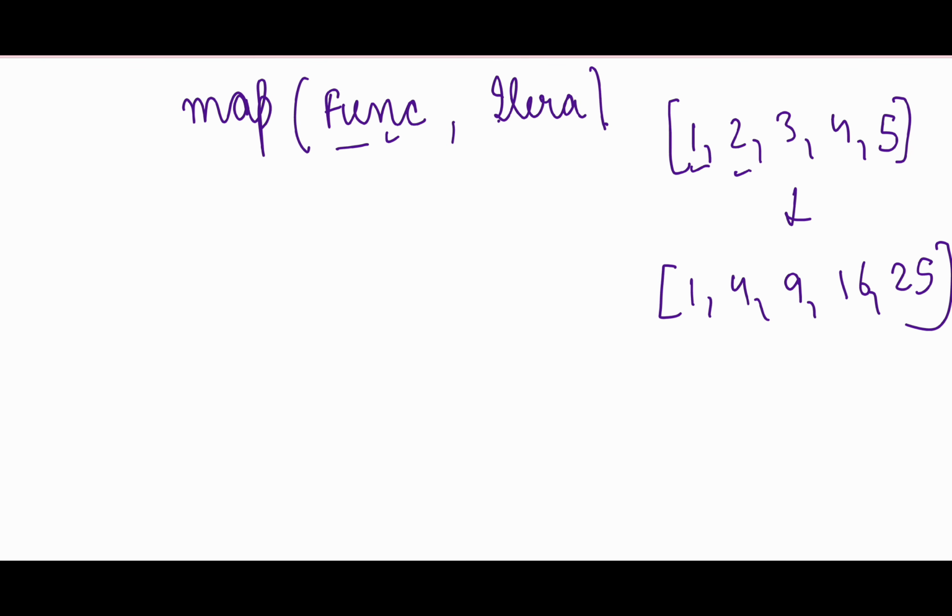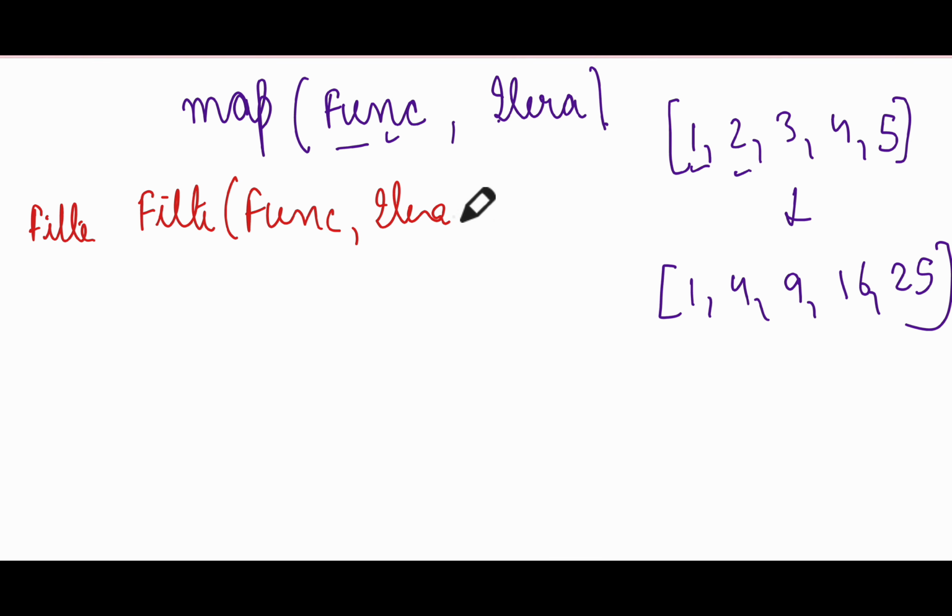Filter is just a little bit different from this. In filter, you use filter, then you use a function, and then you use an iterable. This function tests some condition on the iterable. For example, it tests whether the number is even or not, odd or not, or whether some number is prime or not.